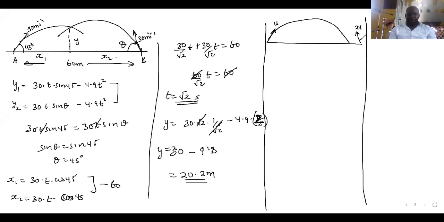And you should know that when a particle is projected to attain maximum range, what is the angle of projection? Monica, when the particle is projected to attain maximum range, what should be the angle of projection? 45.